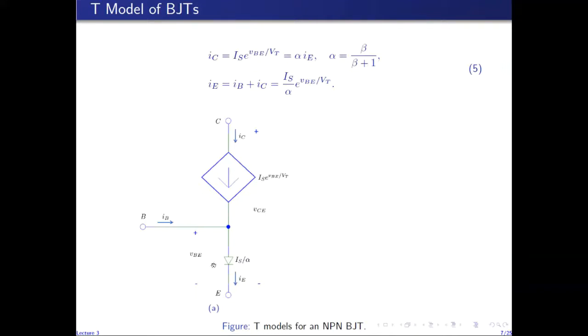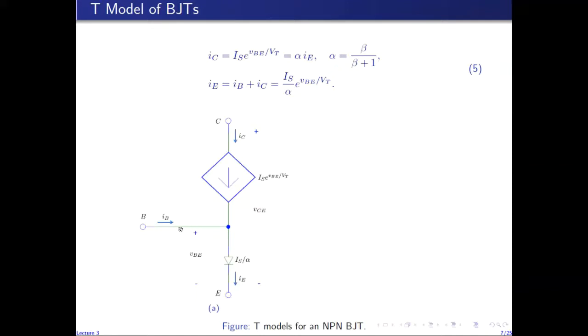Since the emitter base junction is forward biased, it is represented with a forward biased diode. And using this expression for the emitter current, in which Is over alpha can be thought of as the scale current of the forward biased diode, we specify this diode with the scale current Is over alpha.